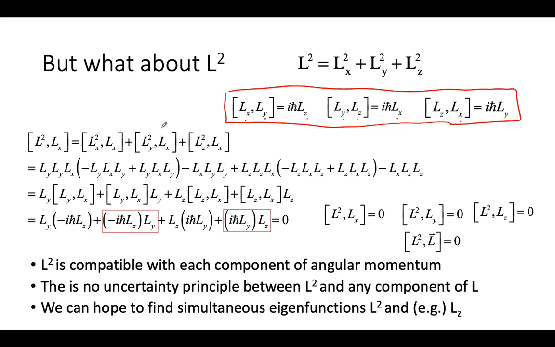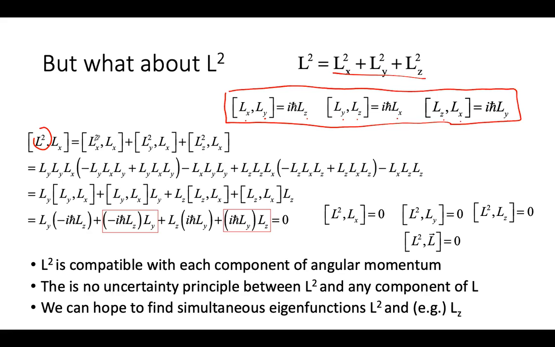In any event, I want to find the commutator between an L squared operator and a component, right? So what did I do? The first thing I did is I said, well, L squared is just this. And so I used a distributive property here that hopefully makes sense.